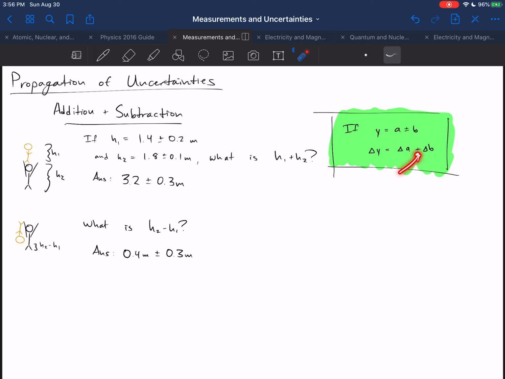Notice there's no minus in there. So I'm going to say that again. If any quantity y is equal to a plus or minus b, then the uncertainty on y is equal to the uncertainty on a plus the uncertainty on b. That is an example of propagating uncertainty through addition or subtraction. In both cases, you add the absolute uncertainties.